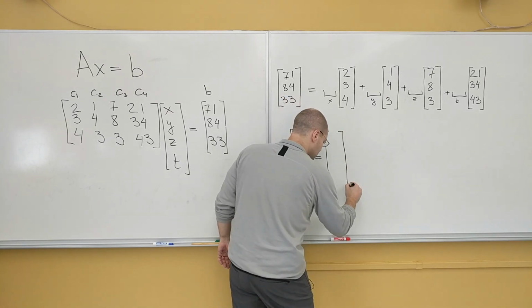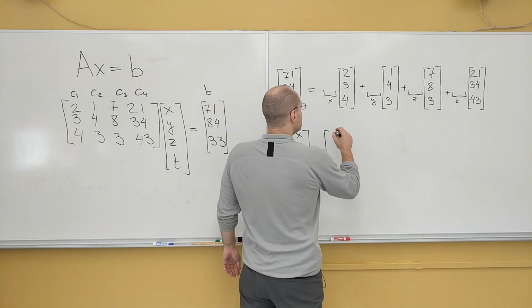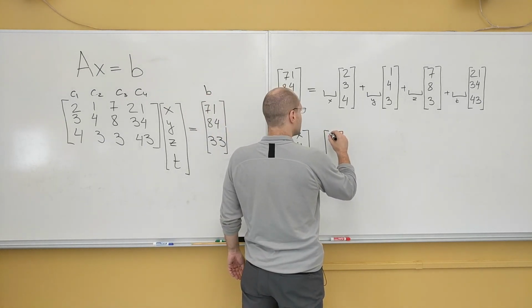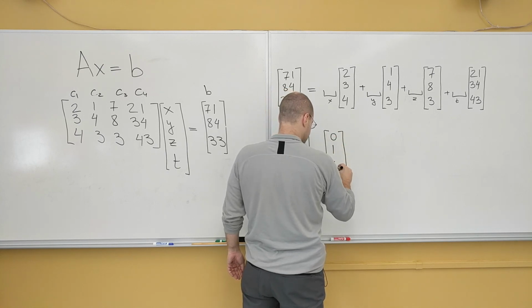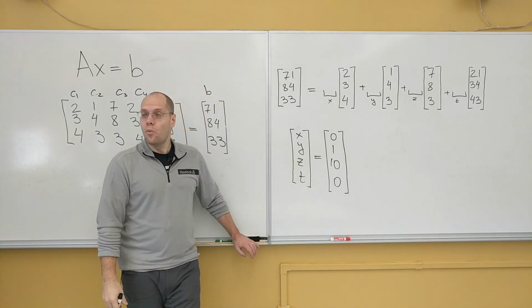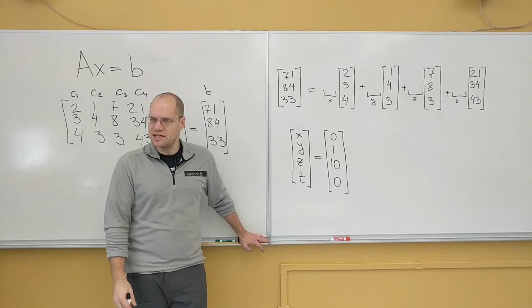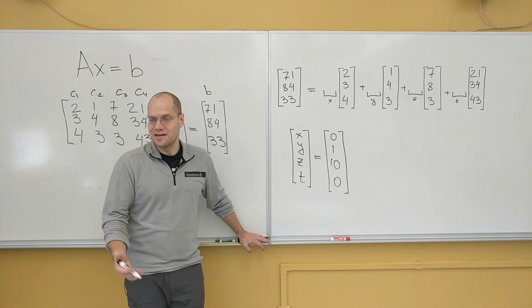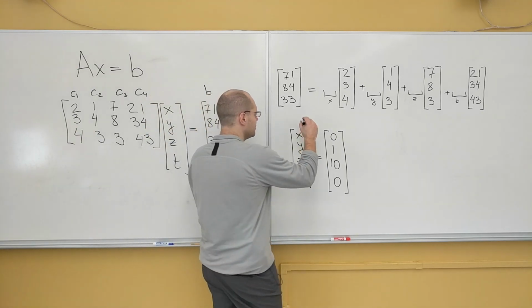One possible solution. What is it? 0, 1, 10. Okay? One possible solution. It's called a particular solution, because that's what it is. One specific solution. A particular solution.